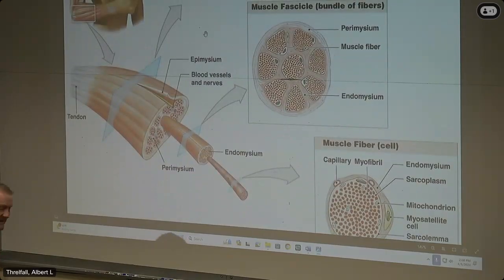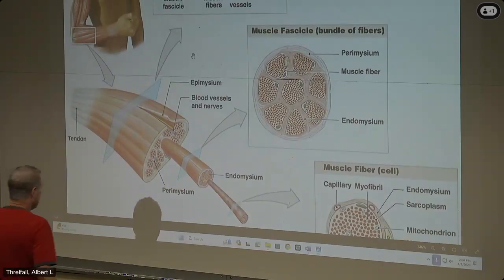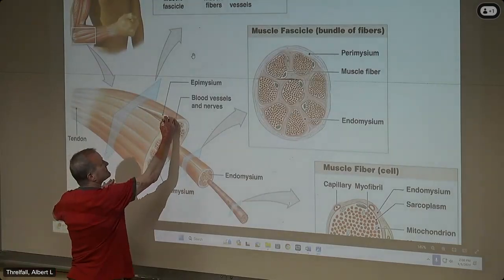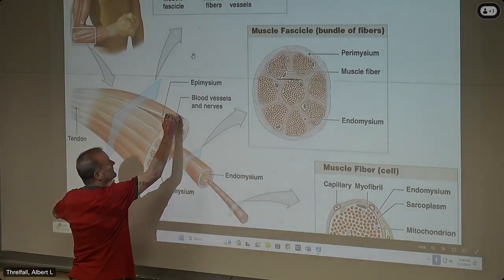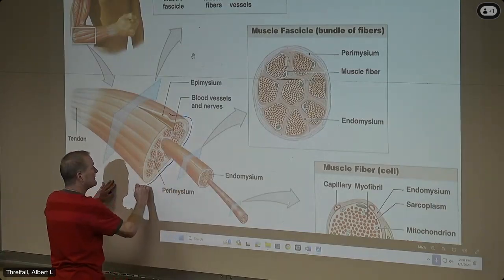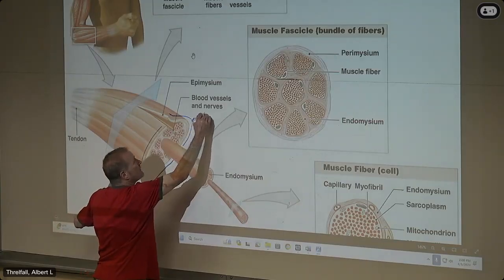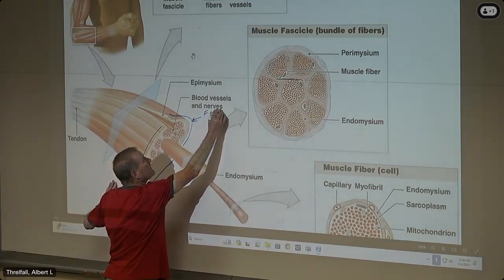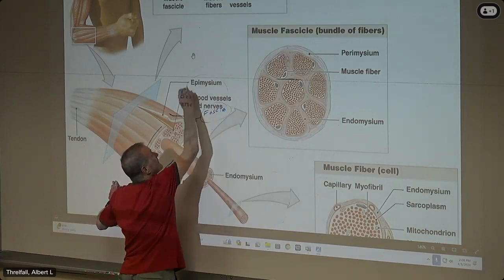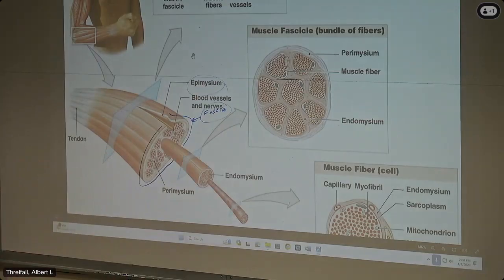And we see that that muscle has 2 outer boundaries. One of them is not in the picture, so I will add it. So it has 2 outer boundaries, the fascia and the epimysium.